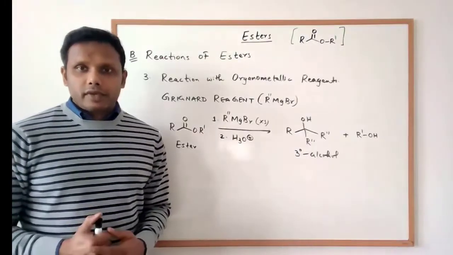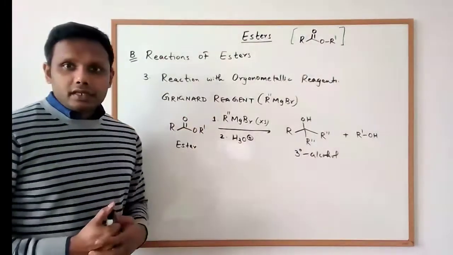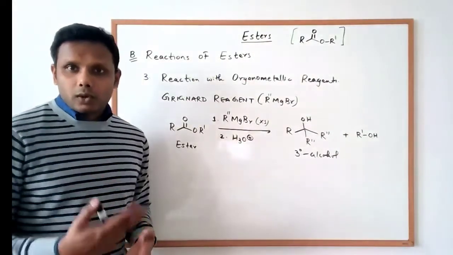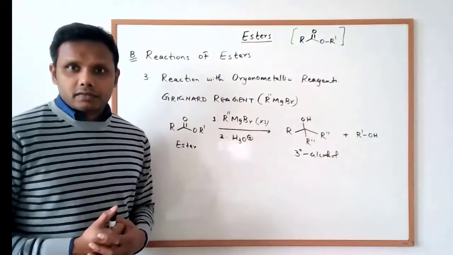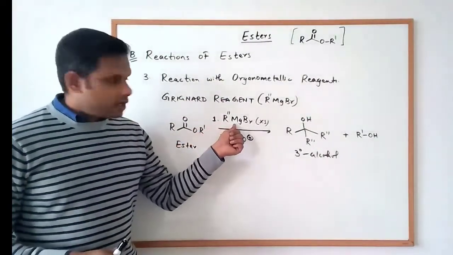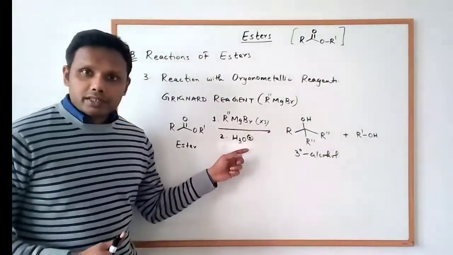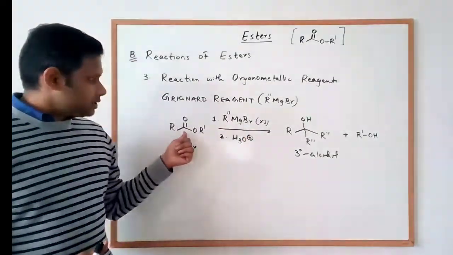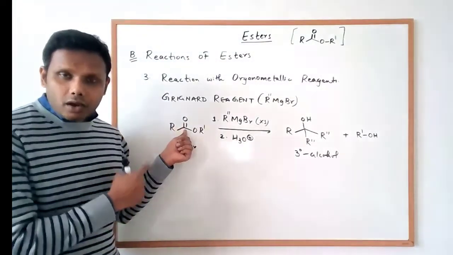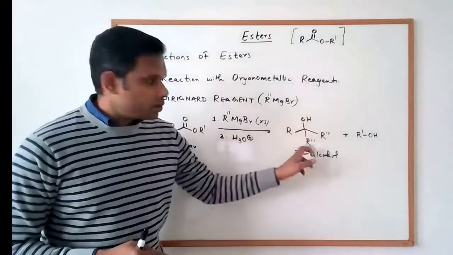The reaction of esters with organometallic reagents, specifically a Grignard reagent, is very similar to those of all other carboxylic acid derivatives. When an ester reacts with a Grignard reagent and you use excess of the Grignard reagent followed by an acidic workup, what happens is the ester, again, we're talking about this acyl carbon in the ester molecule, gets converted into a tertiary alcohol.